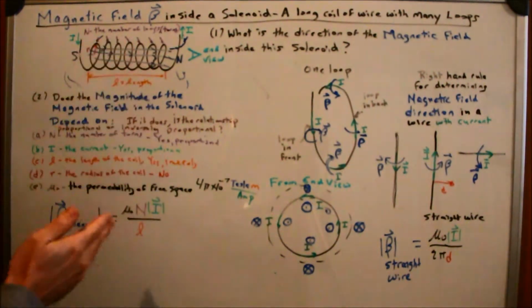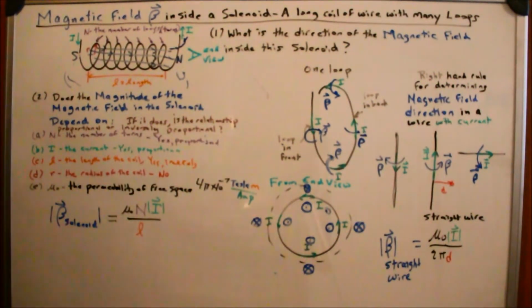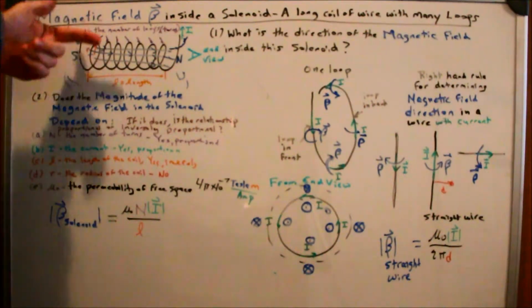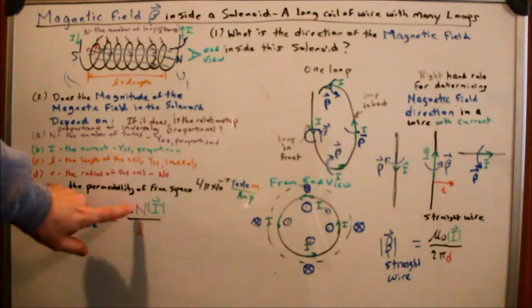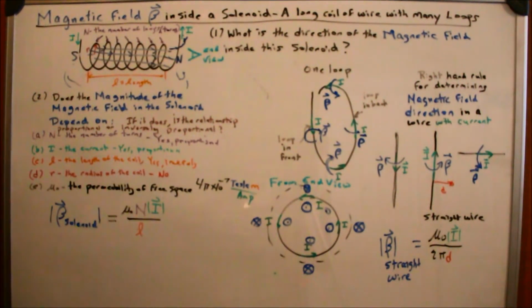But if you put something else there, you can generate a greater magnetic field. In general, this is the equation for the magnetic field through a solenoid, dependent on the permeability of free space, the number of turns per length, and the magnitude of the current.